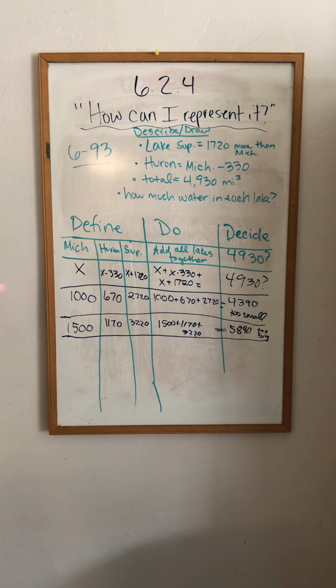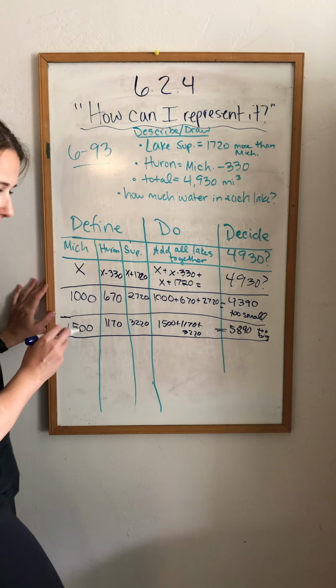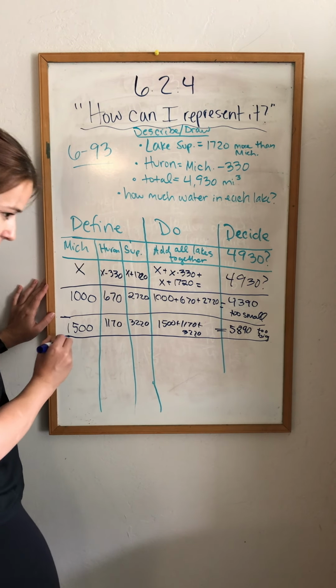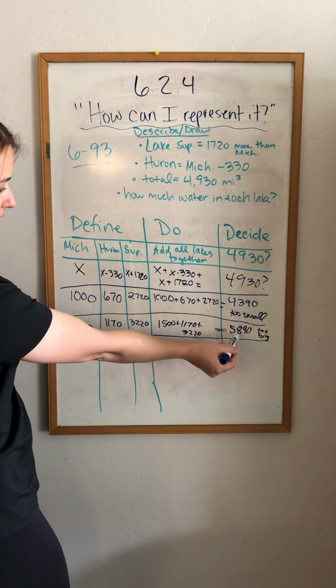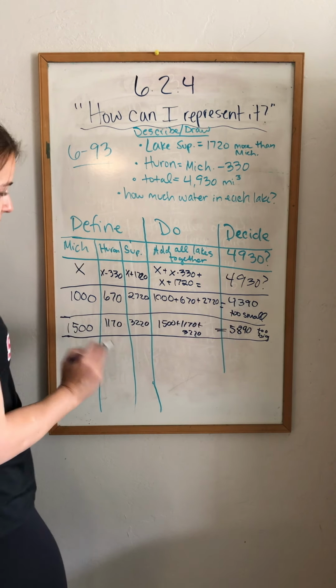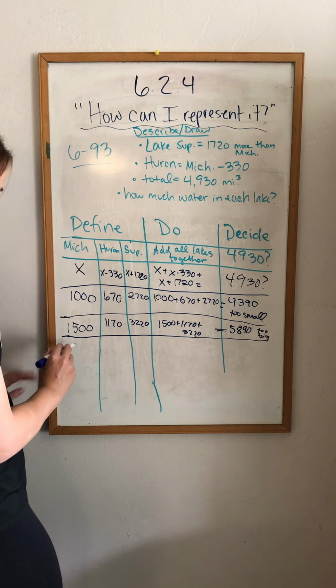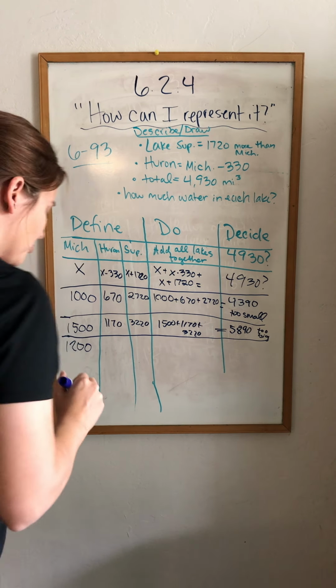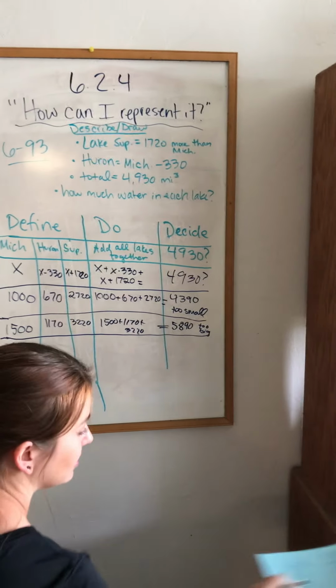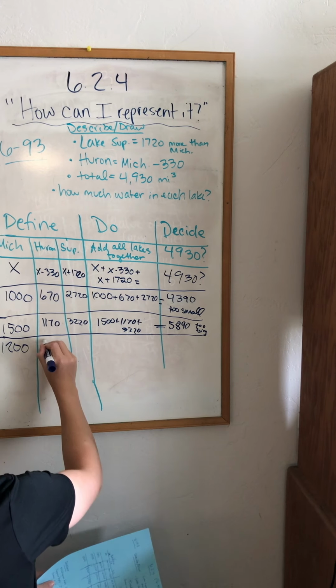Okay, we've done 2 trials. We can only do 1 more because the problem's only making us do 3. So I picked something kind of in the middle, because this was pretty big, this was pretty small. So I did something in the middle that was easy. 1,200. So 1,200 minus 330 was 870.